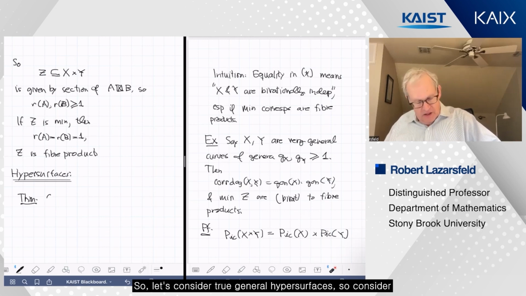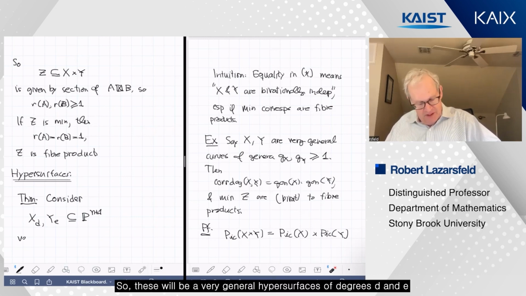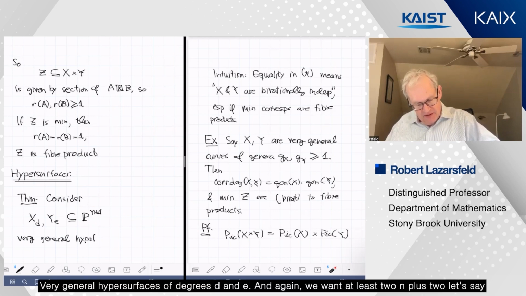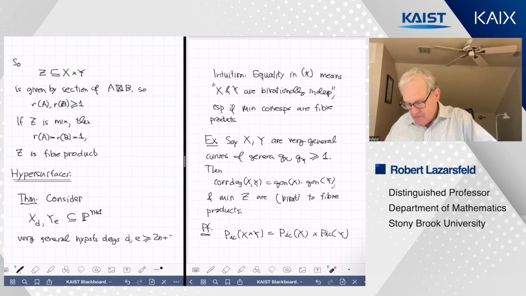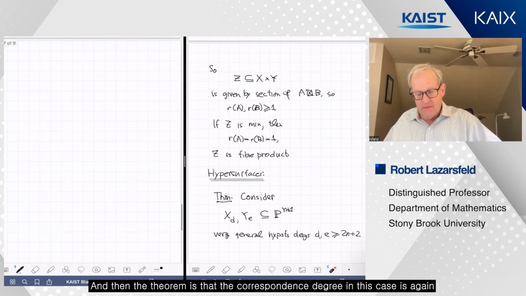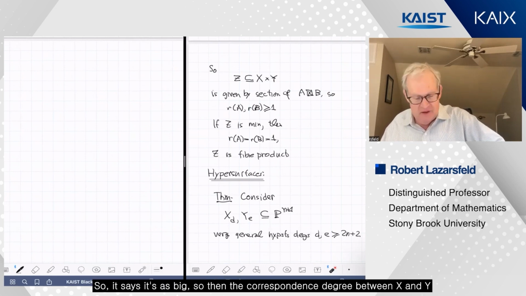Consider two very general hypersurfaces X_d and Y_e in P^{n+1}, of degrees d and e, and again we want degrees at least 2n+2.